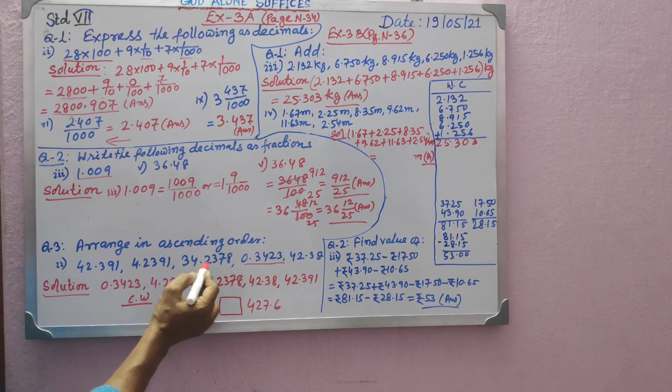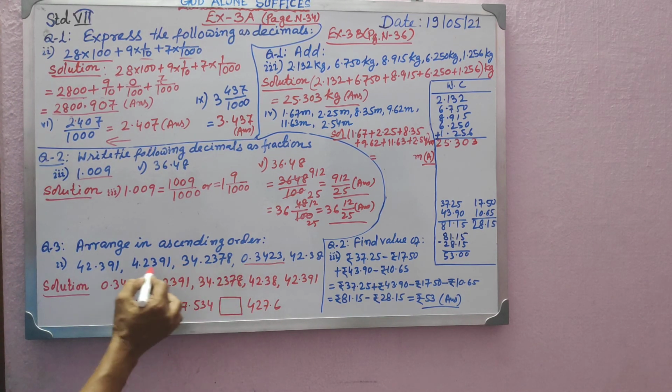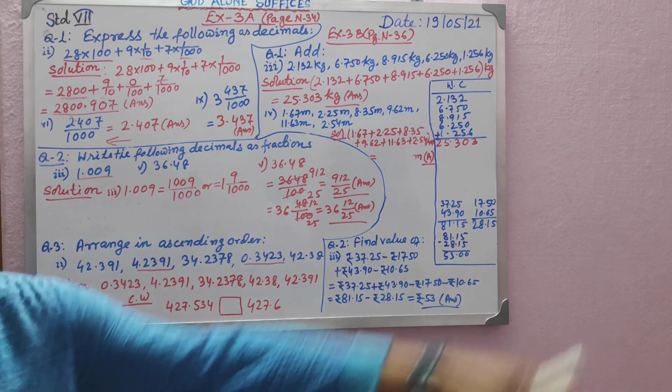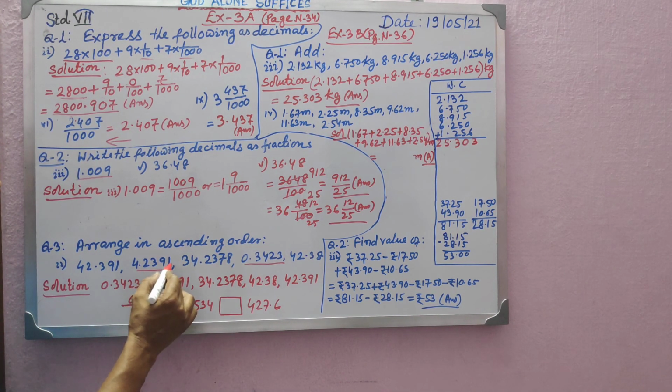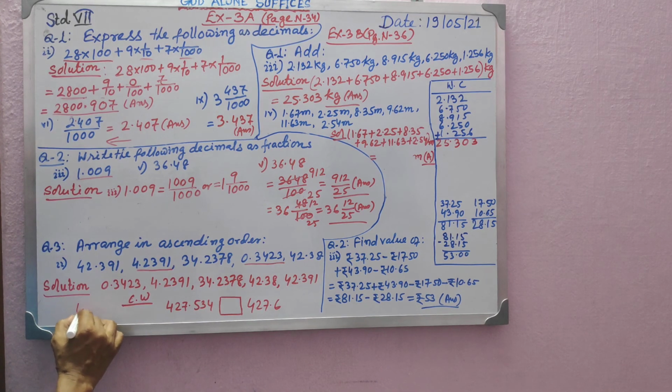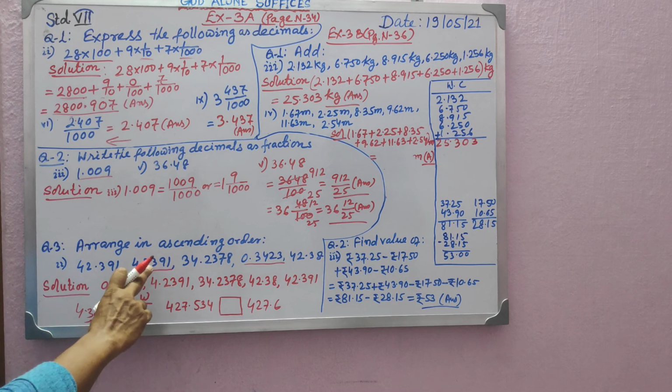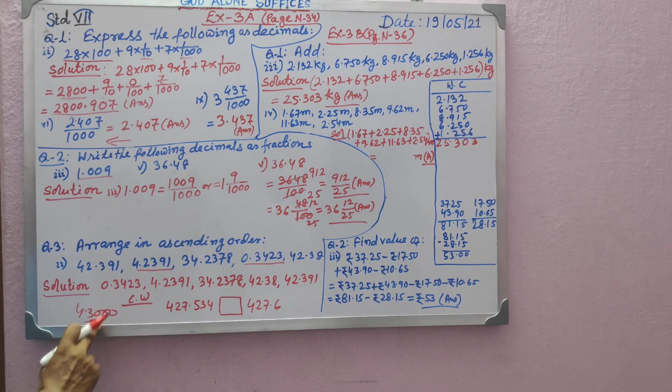This is over. Now among the whole number parts, which is smallest? 4 point. This one. Let the number of decimal digits be so lengthy. 4.2391 is always smaller than 4.3. Could you understand? Because the next place value is this, and you can add any number of 0s. So is it not greater than this?